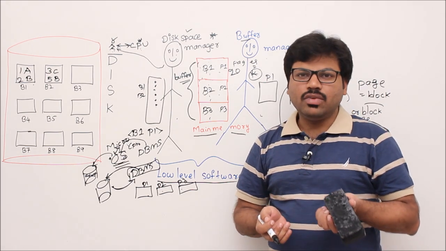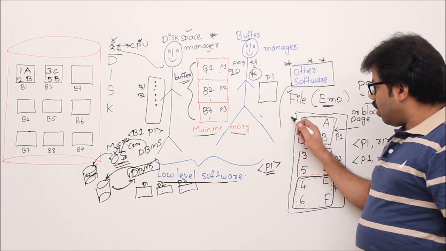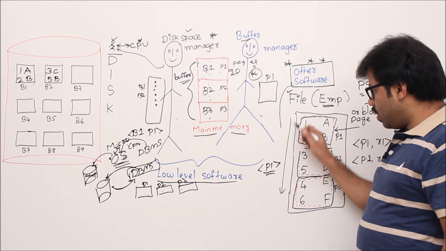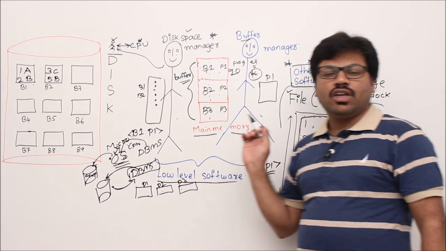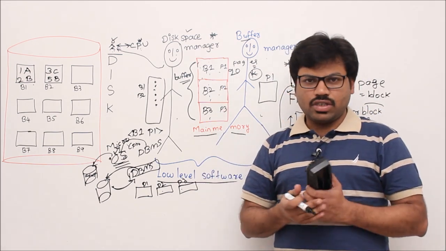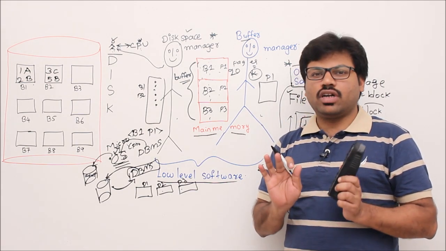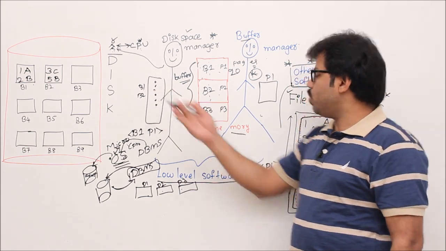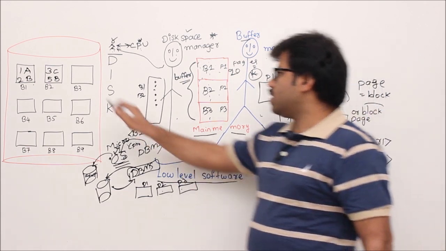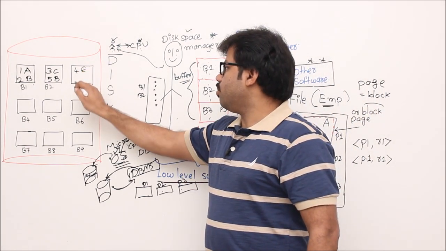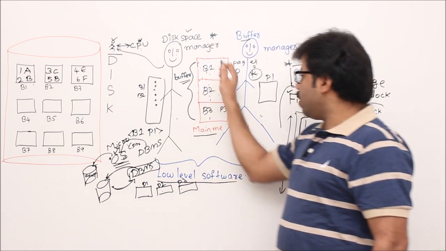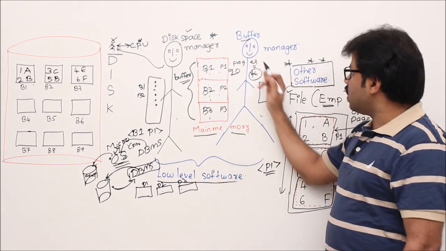Let's say in your program you want to scan all the records of your table. That means you have written a query which should retrieve all the tuples of the table. Then you want to fetch B1, B2, maybe this is 4e, 6, f, which is stored in B3. Since it has already prefetched, you just consult the buffer manager.